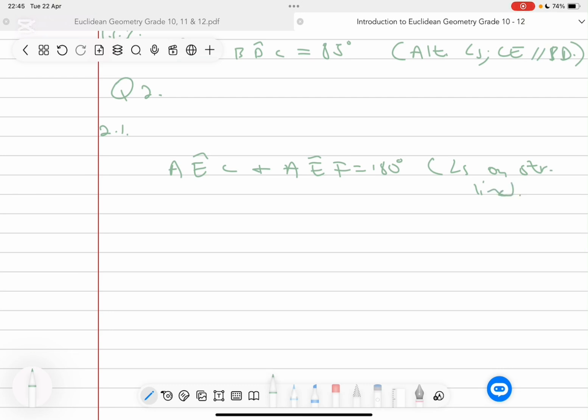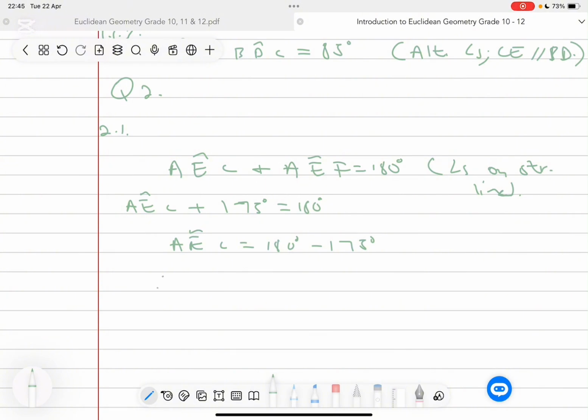And from here, I will then have angle AEC plus 175 degrees equals 180. We were told there that this one is 175. Now, at this stage, this question becomes really boring because we're just going to solve for AEC. I'm going to take the 175 to the other side so that I have negative 175 on this side.